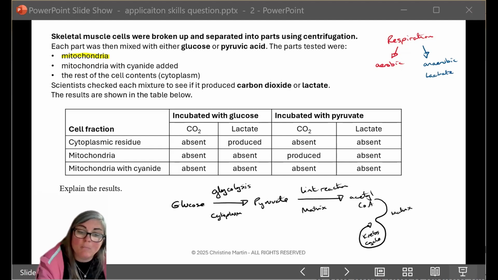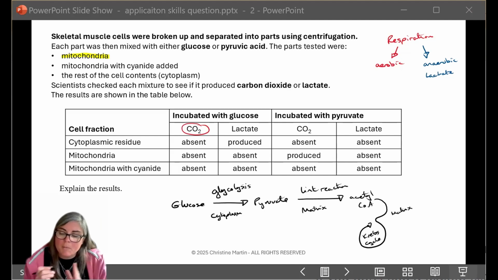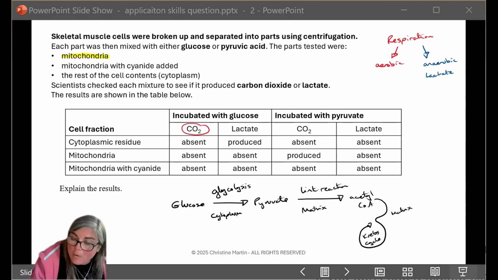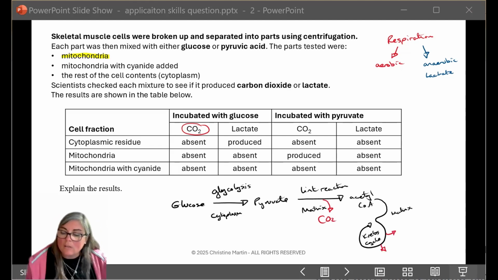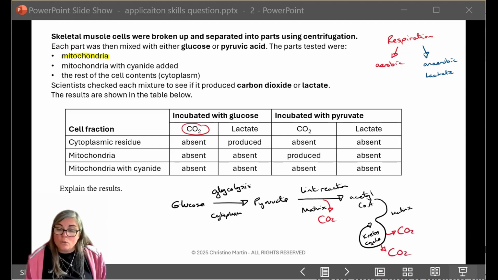And then I'm going to add in a bit more because they've actually said in the question about the production of CO2. Now, I know that glucose being broken down into pyruvate does not produce any carbon dioxide. However, I do know that in the link reaction, I produce CO2. I also know that in the Krebs cycle, I produce CO2. So therefore, my expectation of these results is that CO2 will be produced where there is the mitochondria.